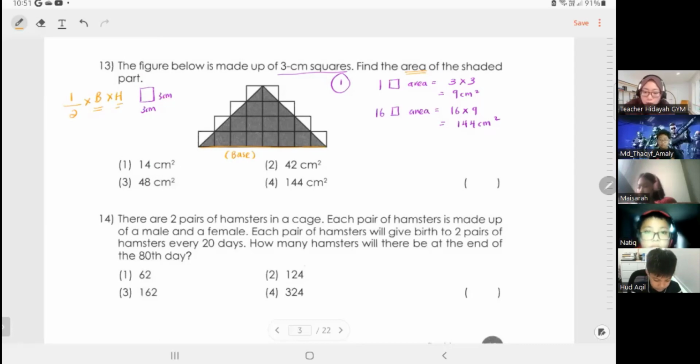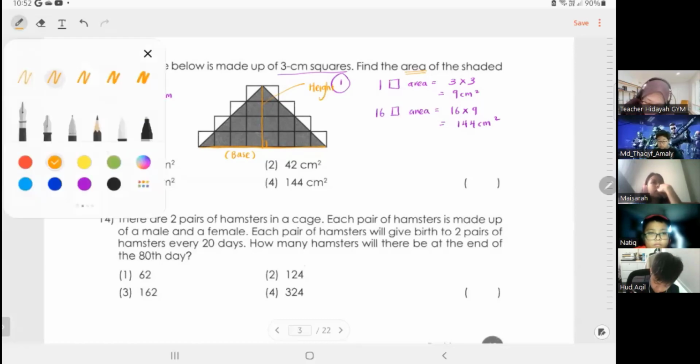So the base is down there, and then the height will be down here, like that. You know that the height is perpendicular to the base. Perpendicular means 90 degrees, right? So we know that the base is down here, very easy. The height will be here. This is my height. Okay, remember that each side is 3 centimeters, right?